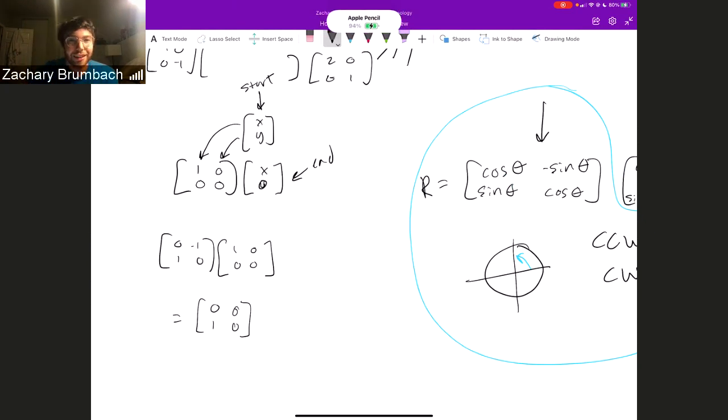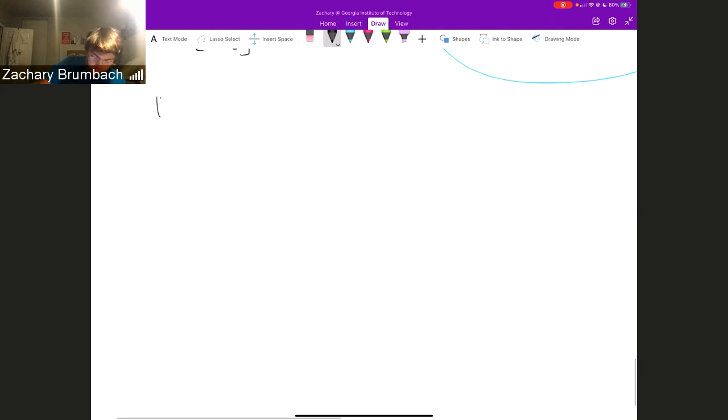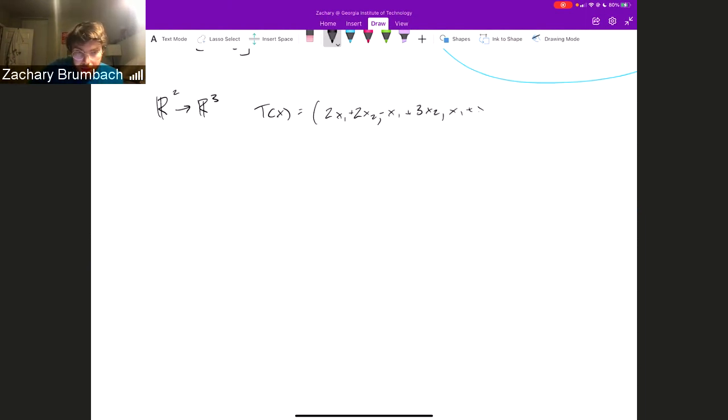Sorry. Okay, next question. I see number 5 on 2B. We're going from R2 to R3, and we're given the transformation T of x is equal to 2x1 plus 2x2, negative x1 plus 3x2, x1 plus x2.